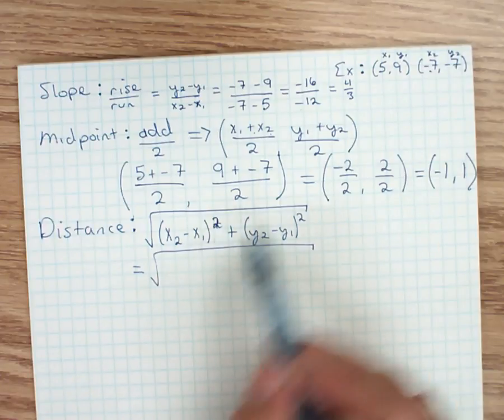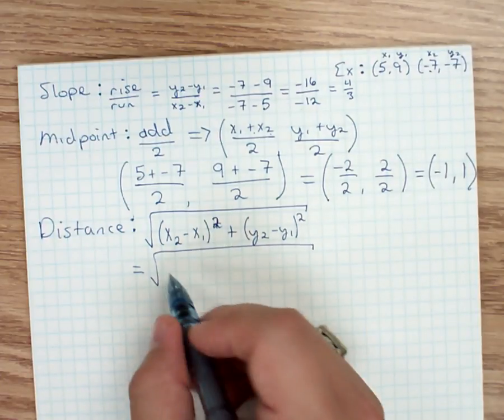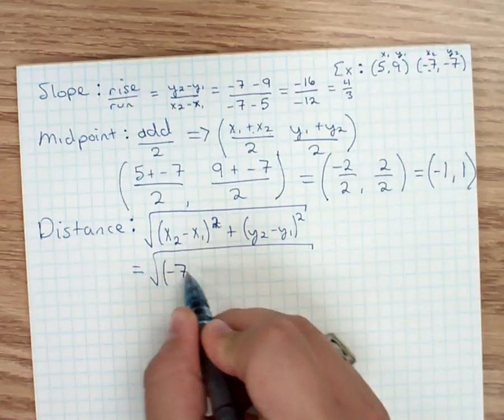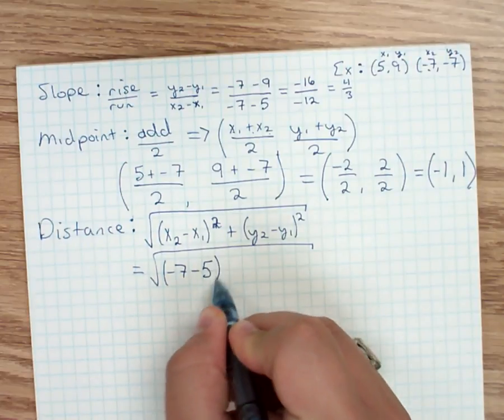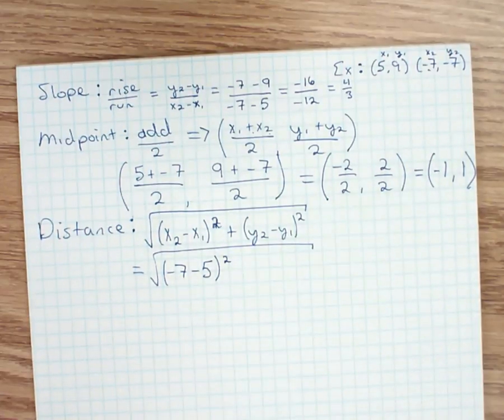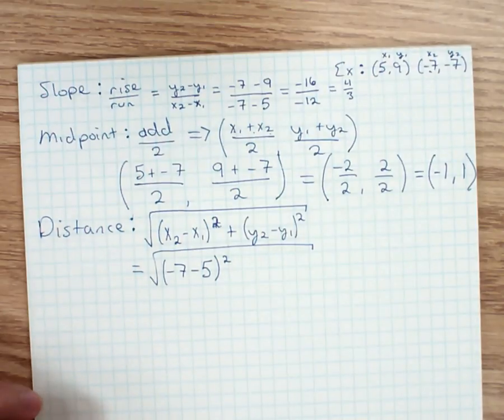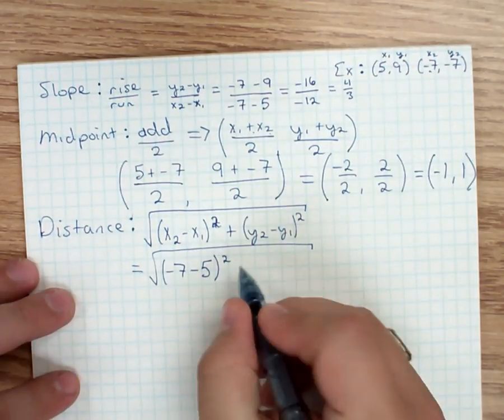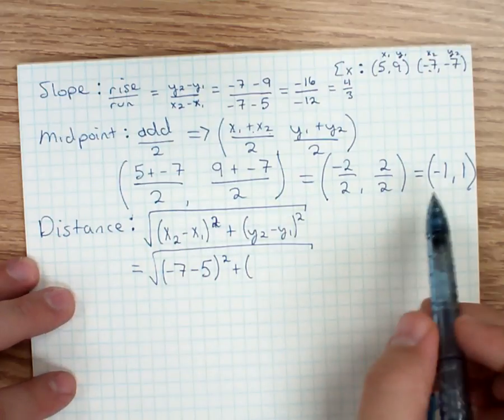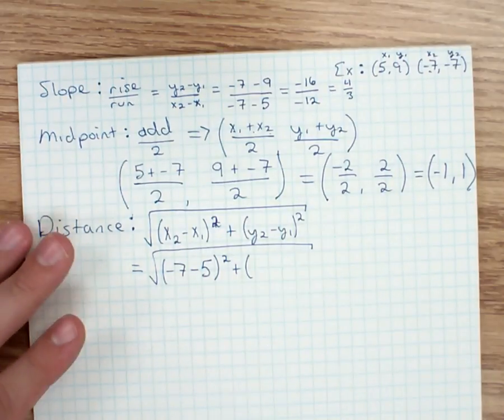So I plug these in, so I have negative 7 minus 5 squared, plus, and then y2 minus y1.